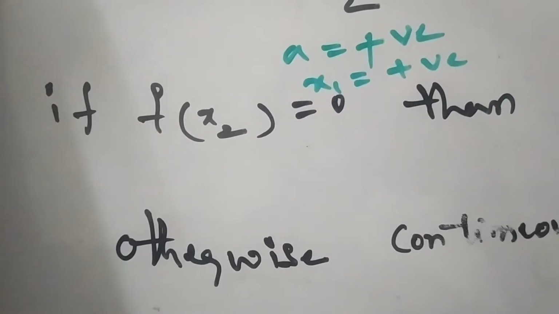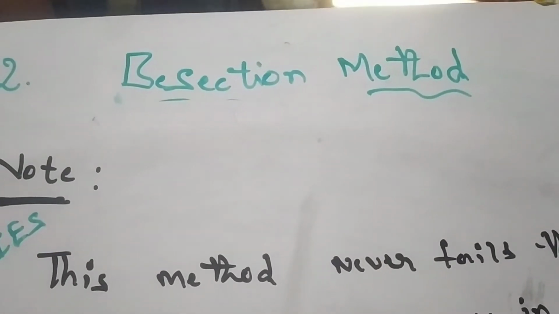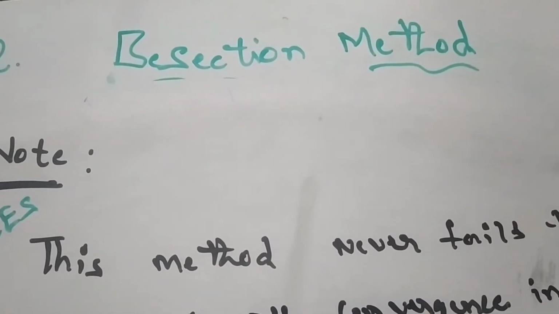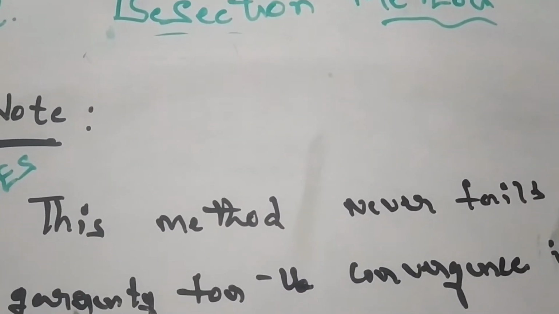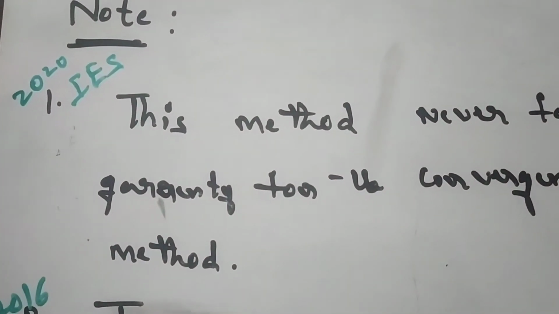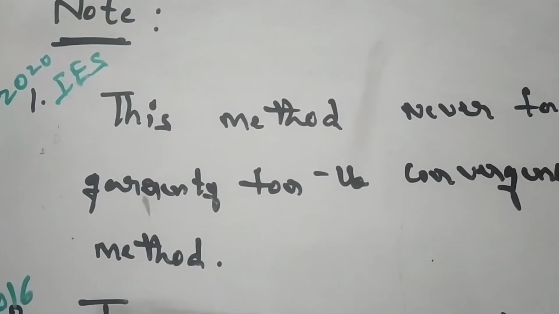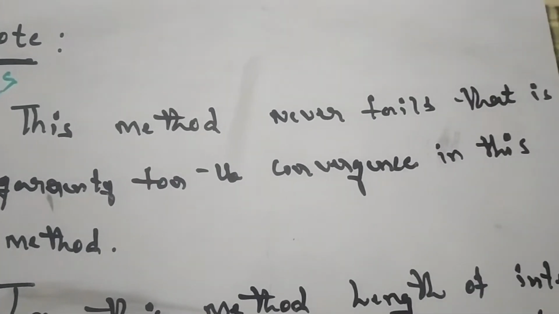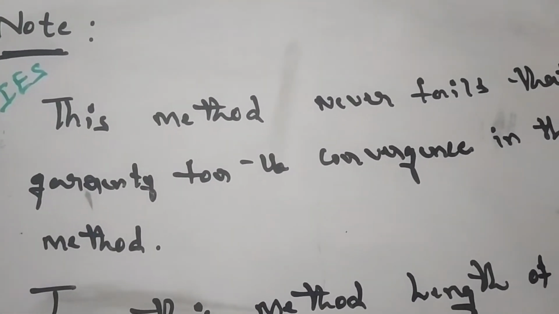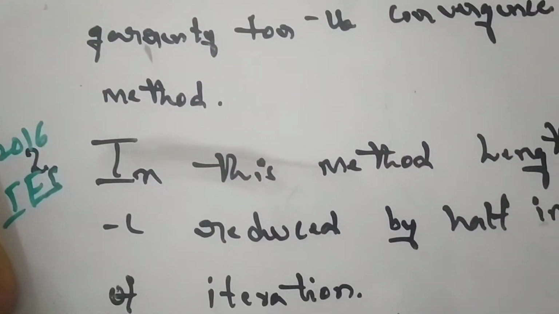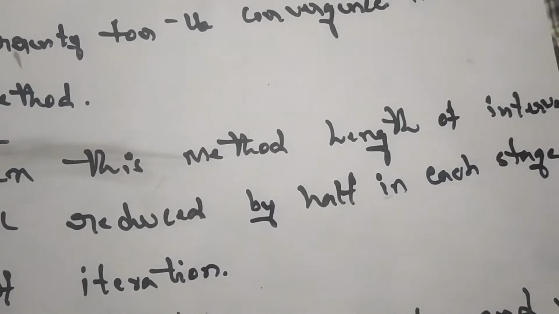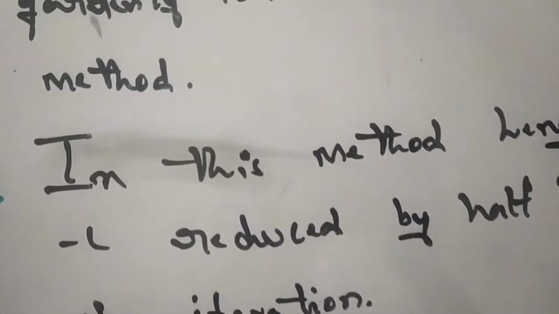Let's solve the problem. Before going to problems, let's discuss some important points for the bisection method. It is very important for theoretical questions. In 2020 for the IAS examination, one point asked was that this method never fails, that is, convergence is guaranteed. Second, in this method the length of the interval is reduced by half in each iteration.